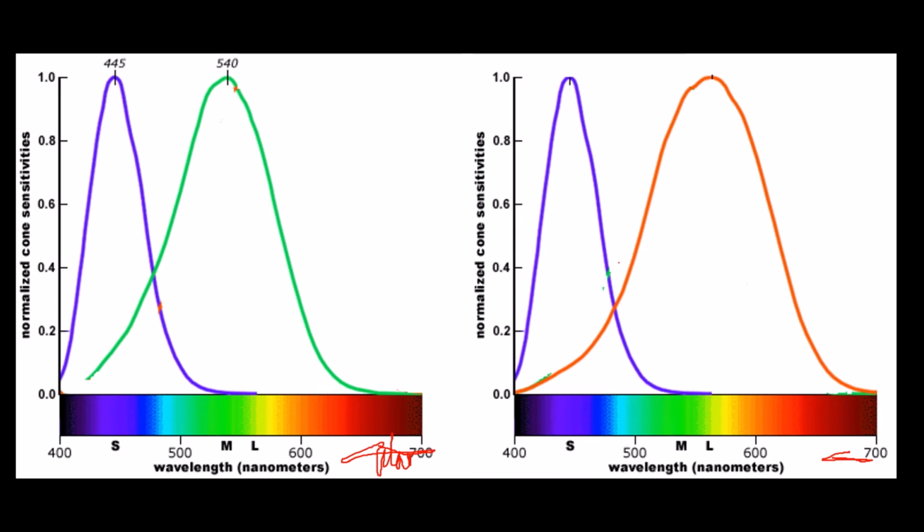This crossover point is actually also quite interesting in the sense that what that crossover point represents is when you're getting equal stimulation of both receptors. So of course you would see the same thing there if you had light at that specific wavelength where they cross.